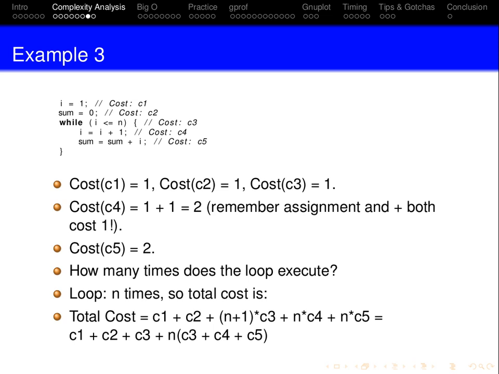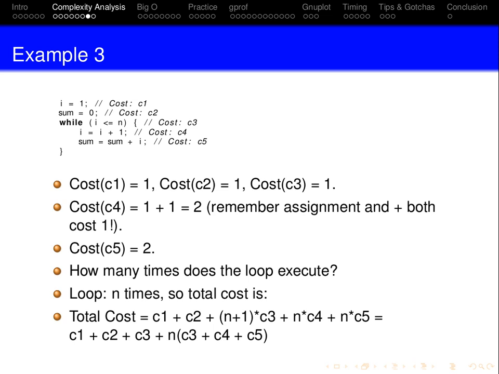How does that factor into the total cost? I'm sorry, I used a pronoun. Which of that are you referring to? The last line. Total cost of C1. Okay, so C1, you only execute C1 once, correct? You only execute C2 once, correct?